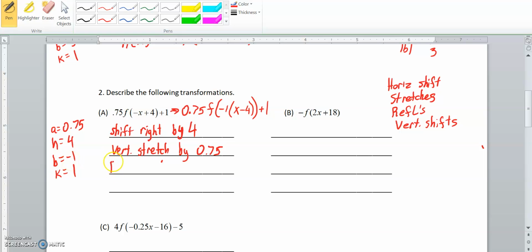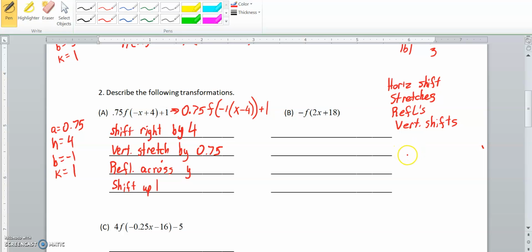A reflection we do have. And because it's on B, when B is negative, that's a reflection across the y-axis. And then we have a shift by 1. Okay, moving on.